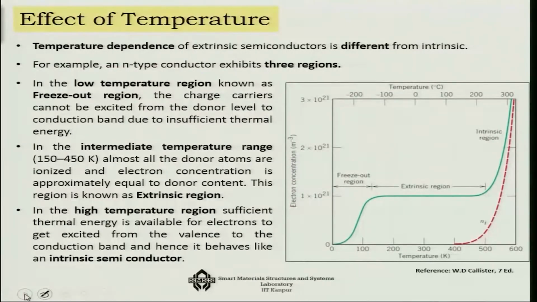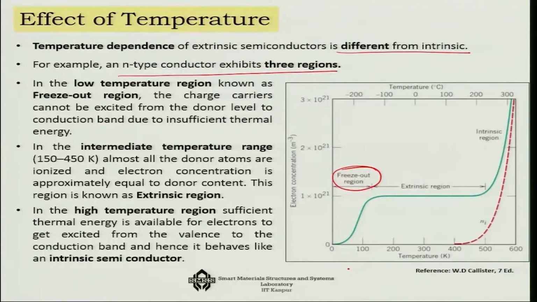Now, what is the effect of temperature in the case of extrinsic semiconductors? Here it is different from the intrinsic. For example, an n type conductor will exhibit 3 regions. In the low temperature region, known as the freeze out region, the charge carriers cannot be excited from the donor level to the conduction band due to insufficient thermal energy.